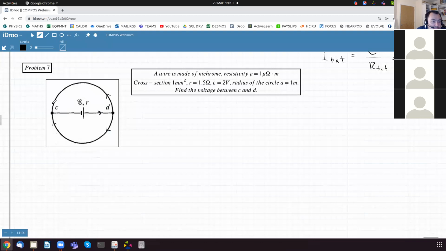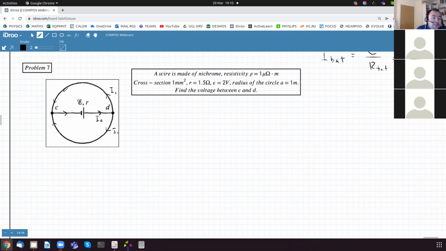And then the currents come back. More to that, these two currents have to be the same because of symmetry. So this is I1, and this is going to be I0, because why not?